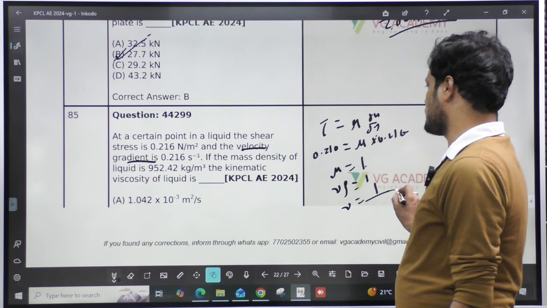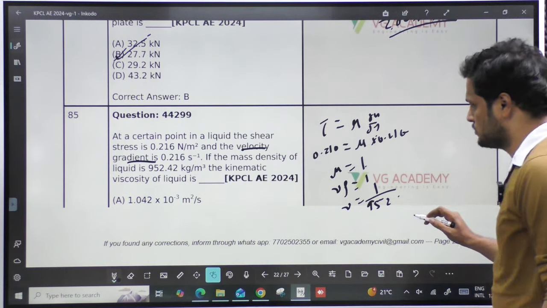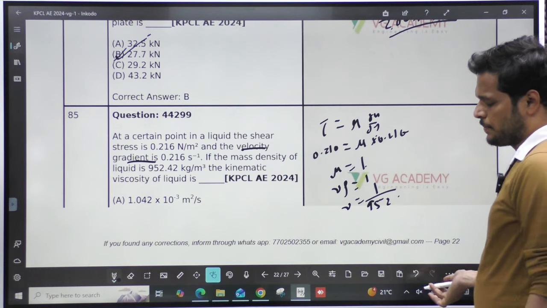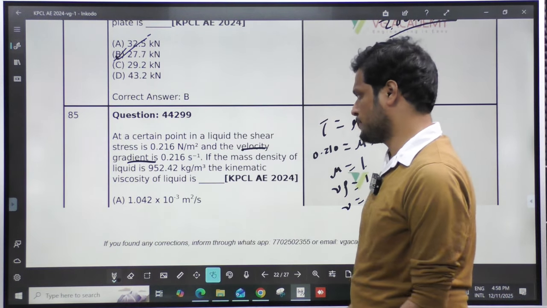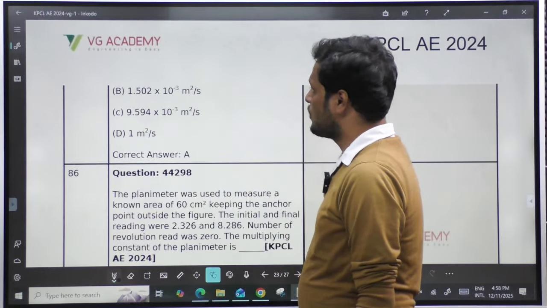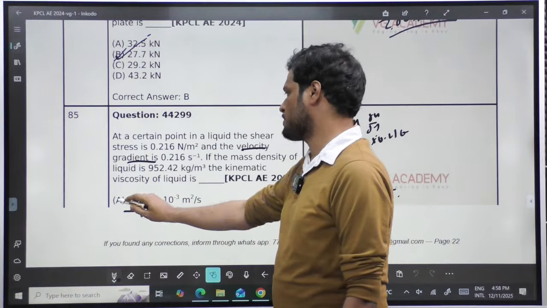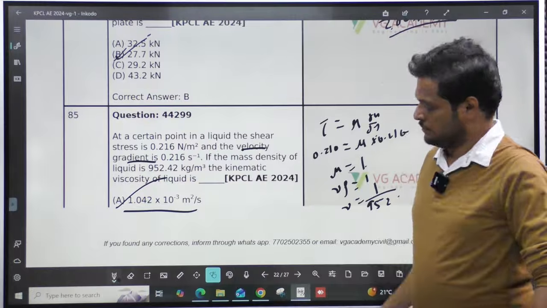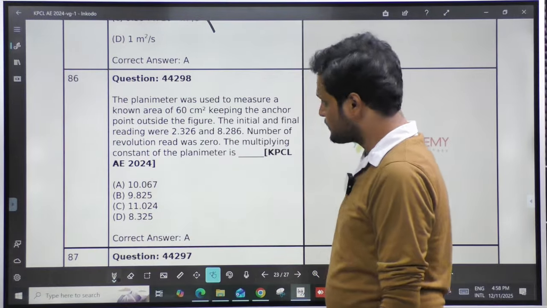So kinematic viscosity is 1 divided by 952, 1 point something. Possible option, we will see the other options. 1.5 cannot be the answer. So only possible option, option A. No need to worry about the units.